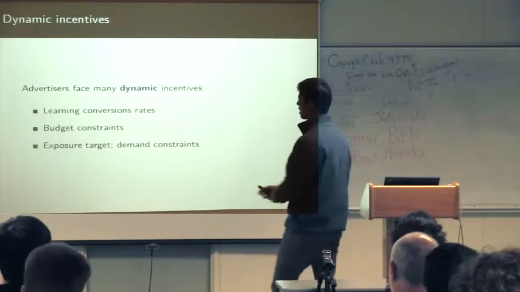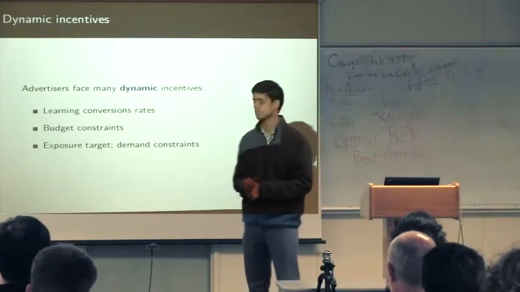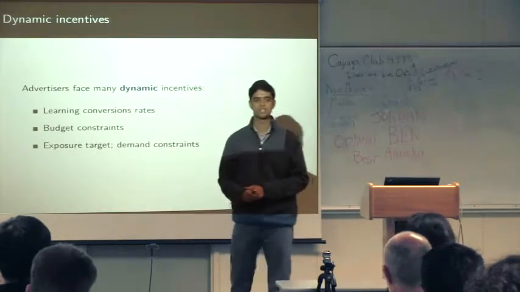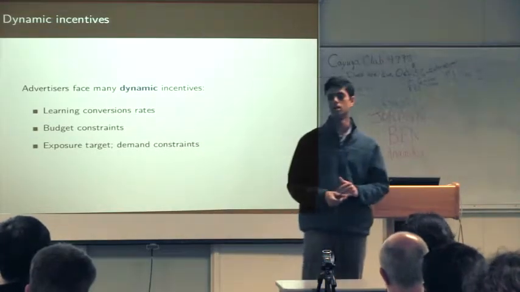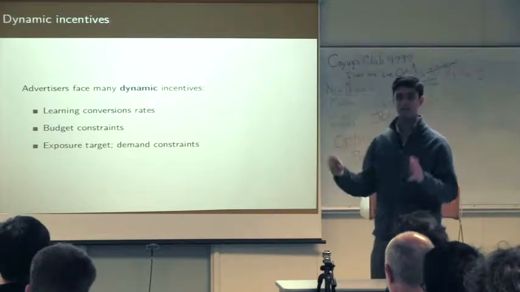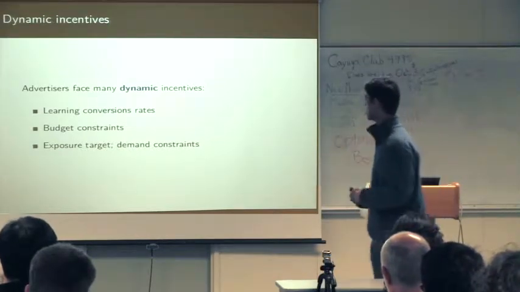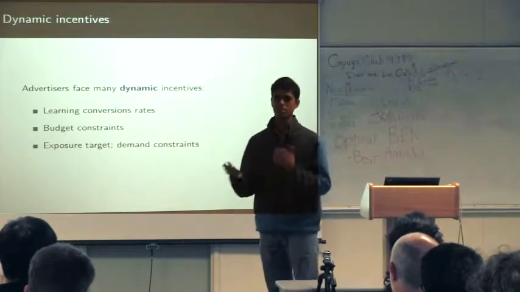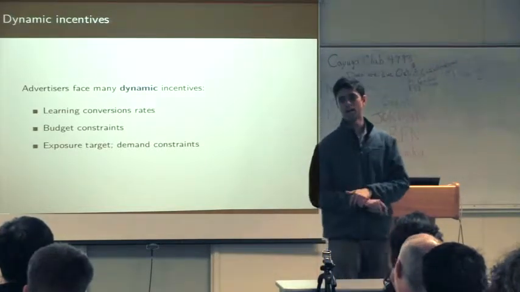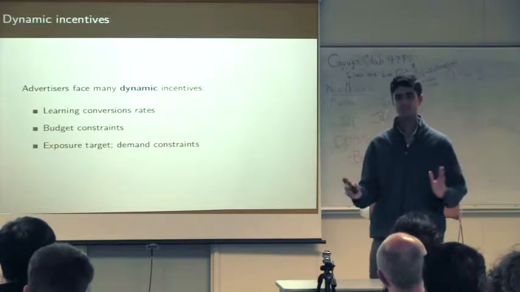Advertisers have many other dynamic incentives. In particular, they face budget constraints. Most big companies have quarterly targets and quarterly budgets, and there is an interesting dynamic because marketing wants to use up all the budget within the quarter.